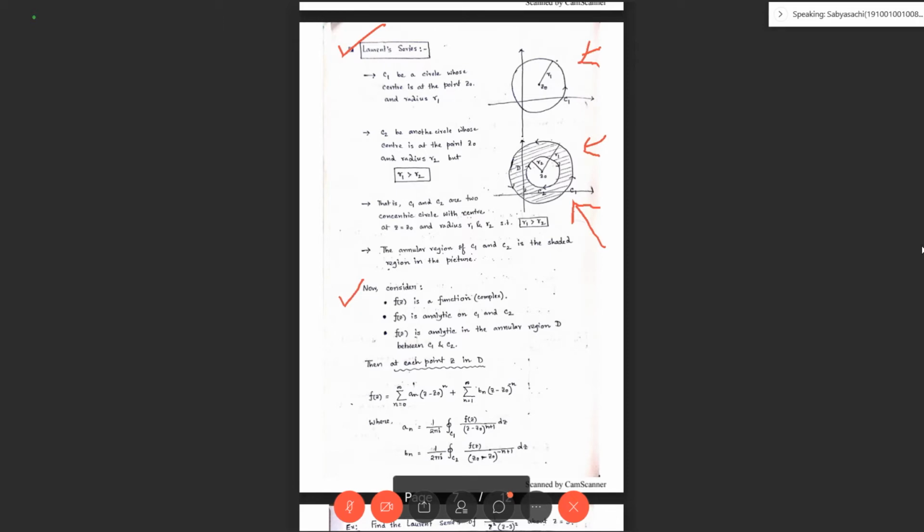It is just the name. If there are two circles, the shaded region is called the annular region.